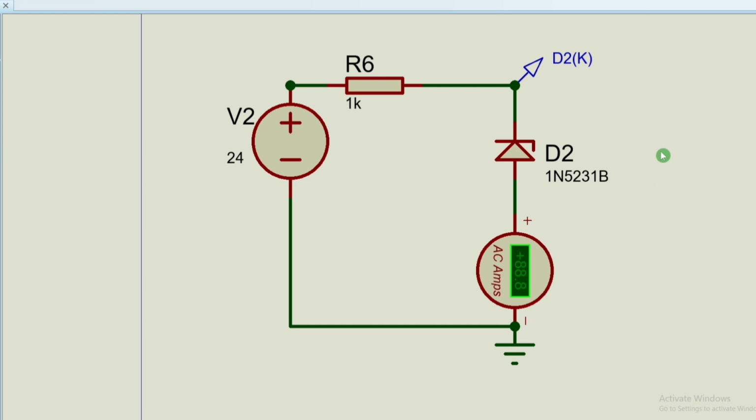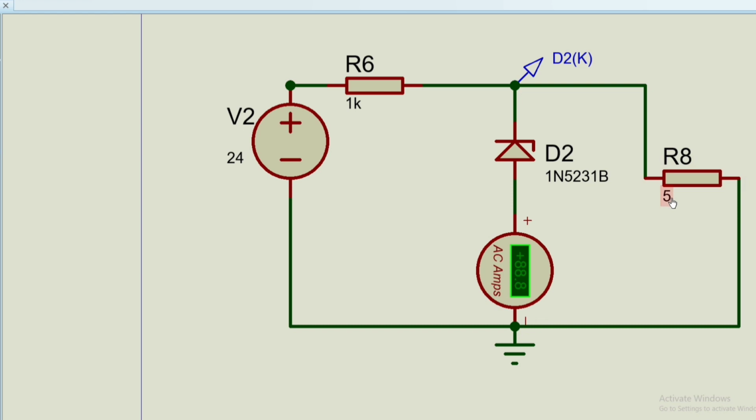If I apply a 5 ohm load, what will happen? This R1 and the load will make a potential divider, and 5 divided by 1K will reduce the voltage to 0.1 volt. So this Zener diode cannot make 5 volt from this 0.11 volt.